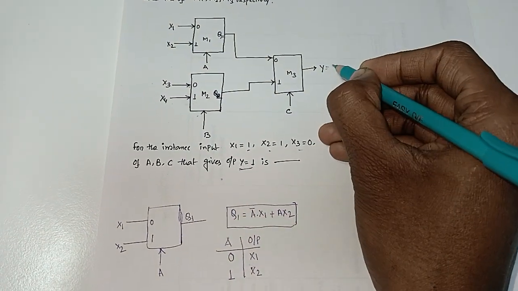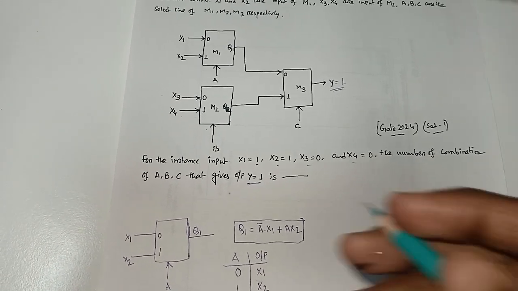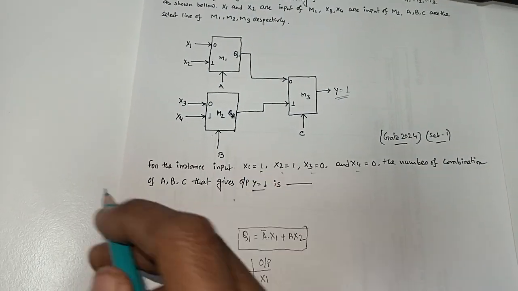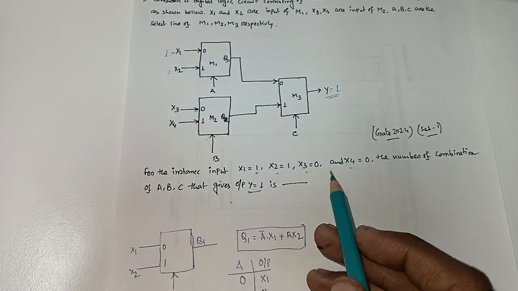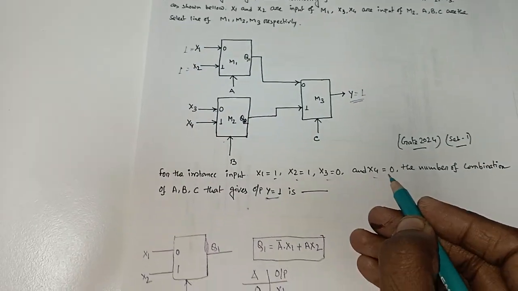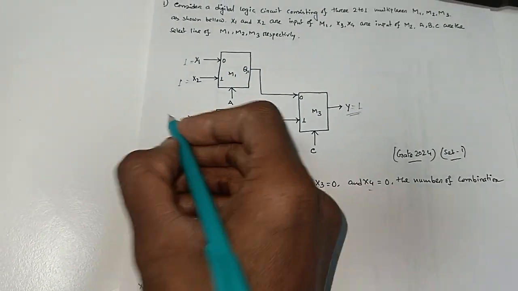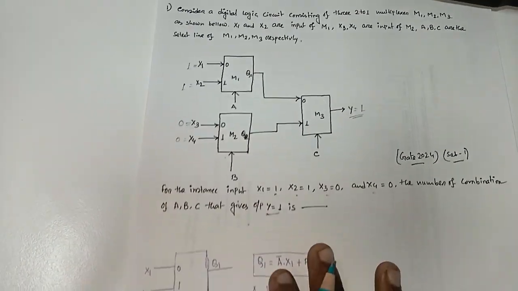So output y is equal to 1, how many combinations are possible? The x1 value is 1, x2 value is also 1, x3 value is 0, and x4 value is also 0.